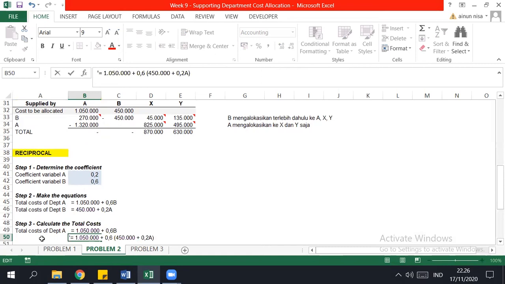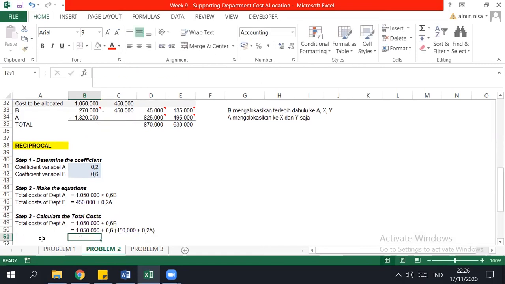And after that, let's just do the basic math calculation. So it is 1,050,000 plus 0.6 times 450,000 equals to 270,000, and then plus 0.2a.